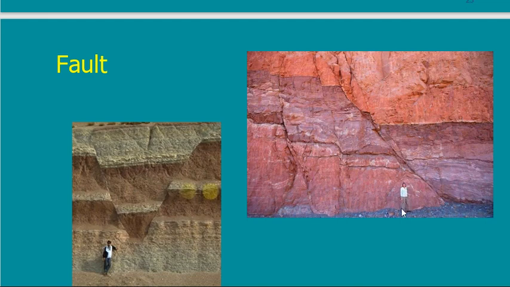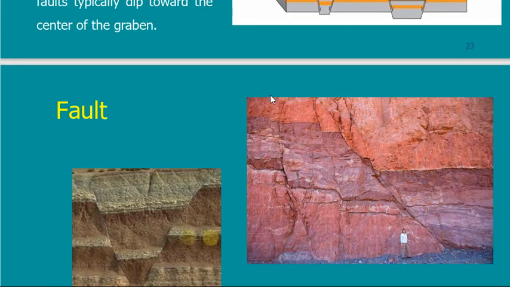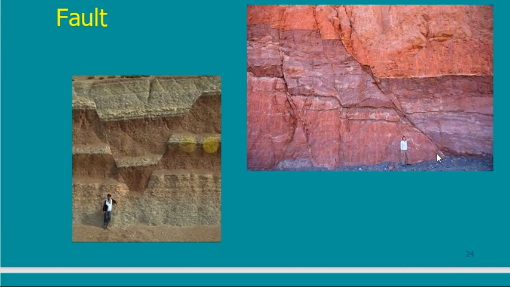This is a person standing here, and a person standing here, and all of this is the thickness of a layer. This layer was once at this top layer level. Then it started to move down a little bit, down a little bit, down, and every time it moves down, forming faults. Imagine that your building is on top of this area. It will be destroyed with time, of course.